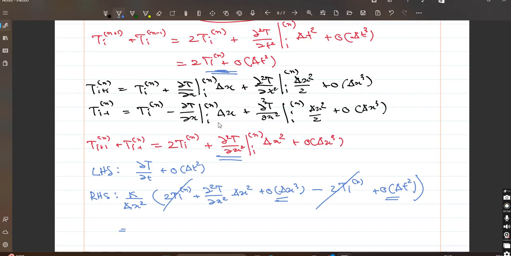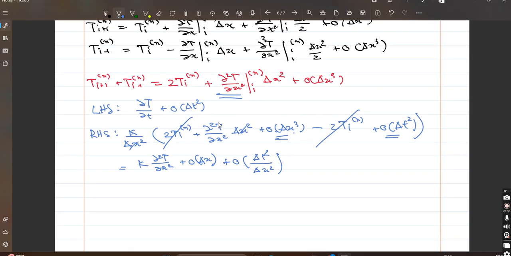So what we finally have is that k times the second partial derivative of T with respect to x squared, this and this term will get cancelled. Let's multiply it with this term. So delta x square and delta x cube, so it will become only order of delta x, right? And this part will become order of delta t square divided by delta x square.